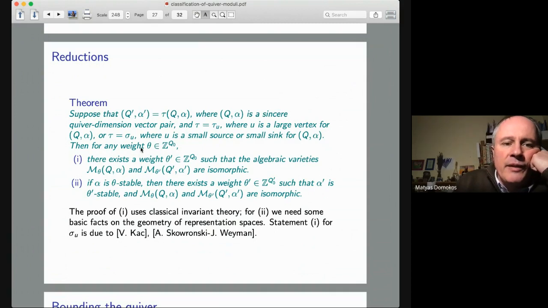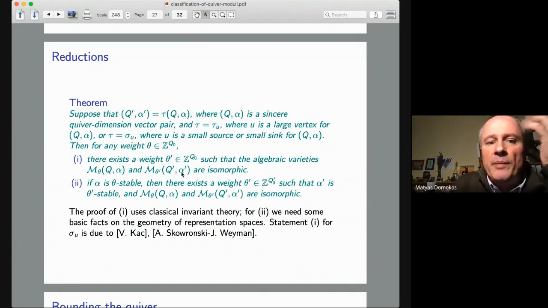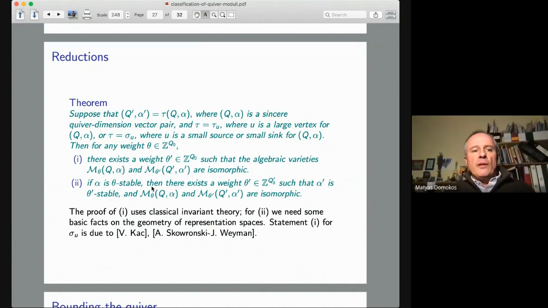Then, for any weight theta, there exists a weight theta prime such that the algebraic varieties M theta (Q, alpha) and M theta prime (Q prime, alpha prime) are isomorphic. And moreover, if alpha is theta stable, then we can choose theta prime in such a way that alpha prime is also theta prime stable.